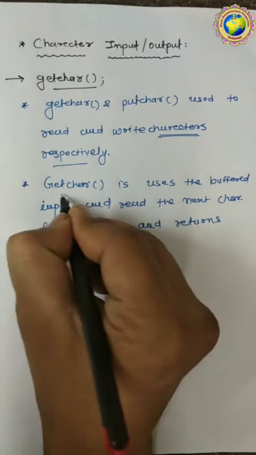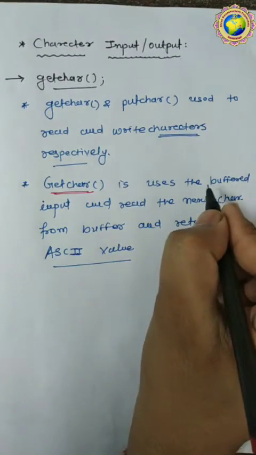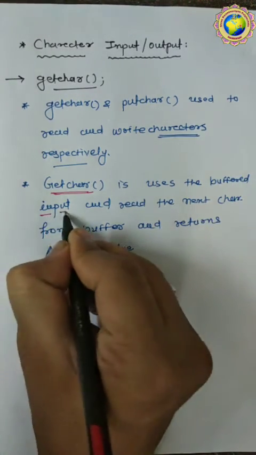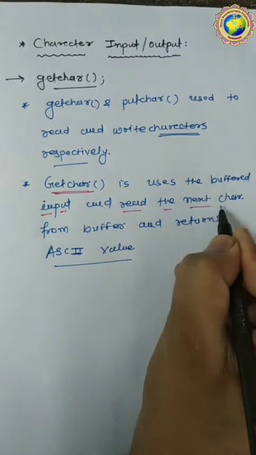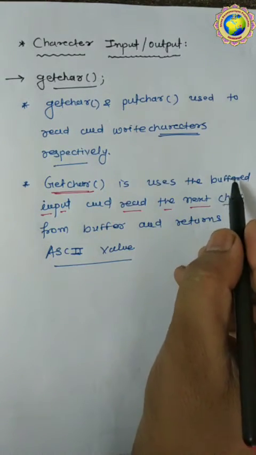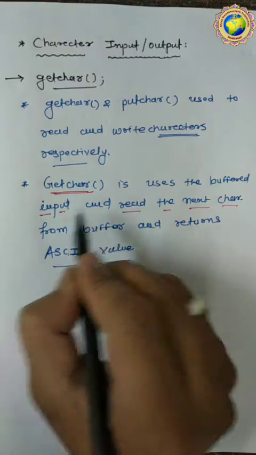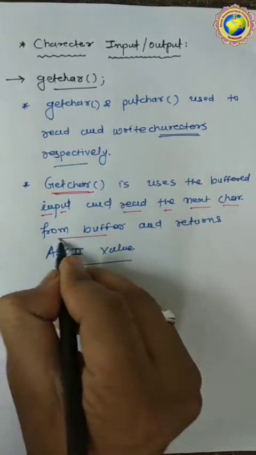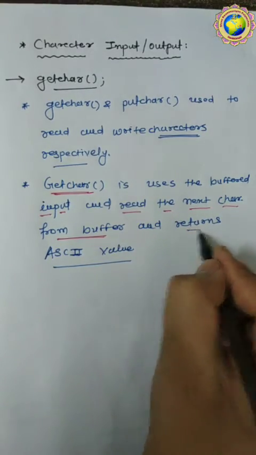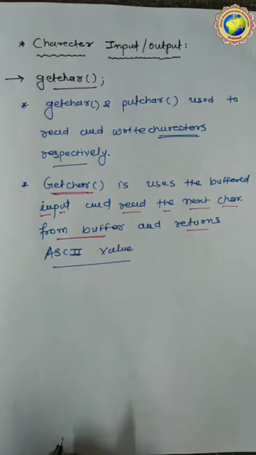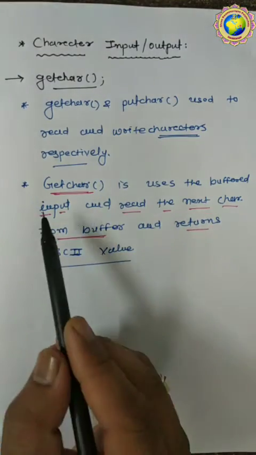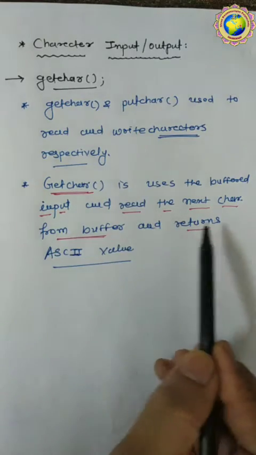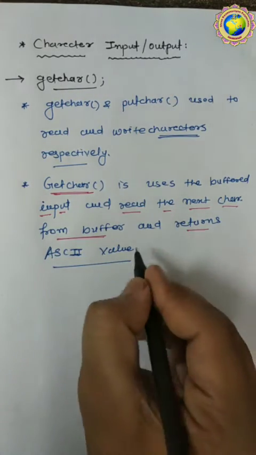Getchar uses the buffered input and reads the next character from the buffer, and returns the ASCII value.